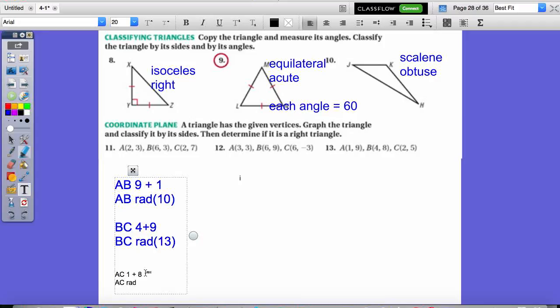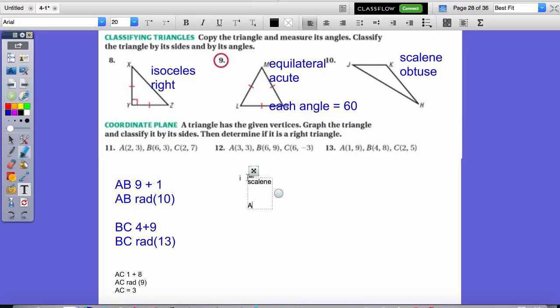AC is radical 9, so AC is 3. None of these lengths are equal. So once again, what we do is we find the length of AB, the length of BC, the length of AC. None of them are equal, so it's scalene.